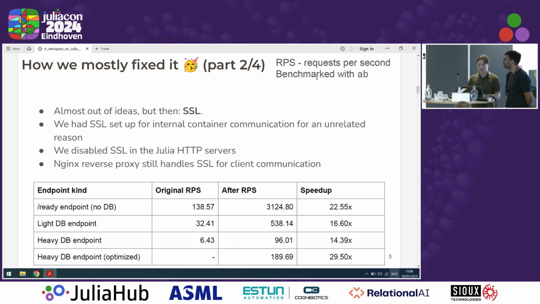So we investigated it, and it turned out the legacy service actually had SSL on just to provide inter-container communication, which wasn't really necessary for us because it ran in the same Docker network, so we could easily remove that. And of course, from the client perspective, the service was still accessible with SSL because it runs through the Nginx reverse proxy.